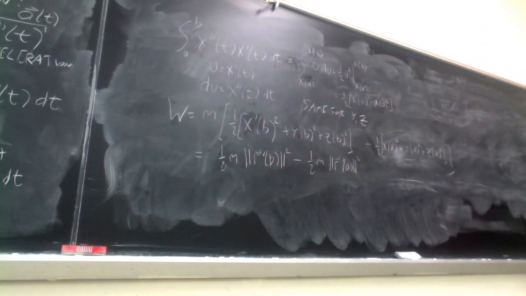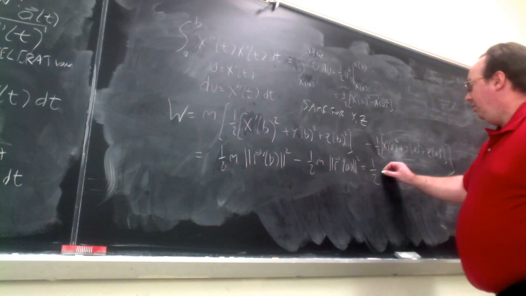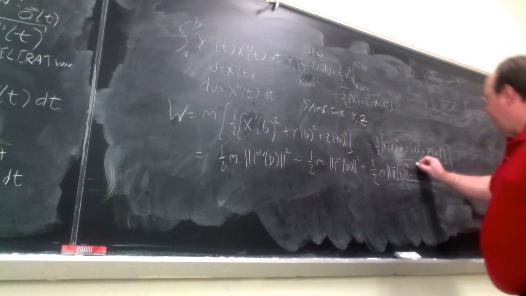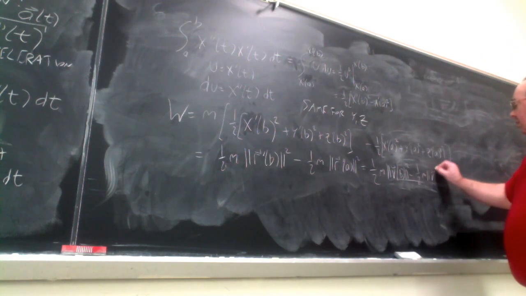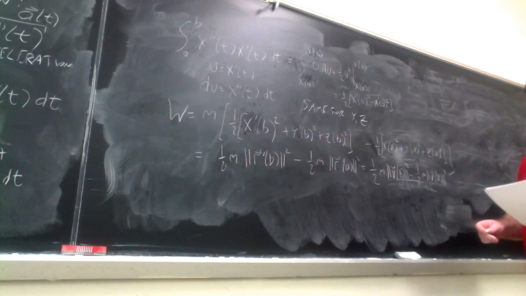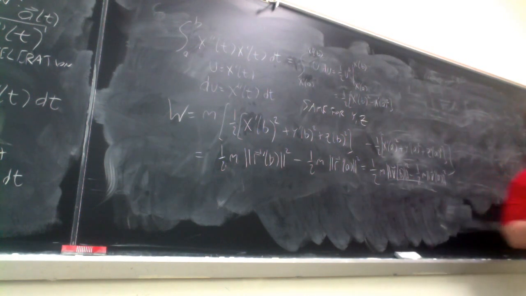Okay. Now, if r is position, what's r prime? What is the meaning of it? Speed or velocity. It's the velocity. So I can write this as 1/2 m v of b magnitude squared minus 1/2 m v of a squared. Okay. Now, when you have 1/2 mass times, what's the magnitude of velocity?